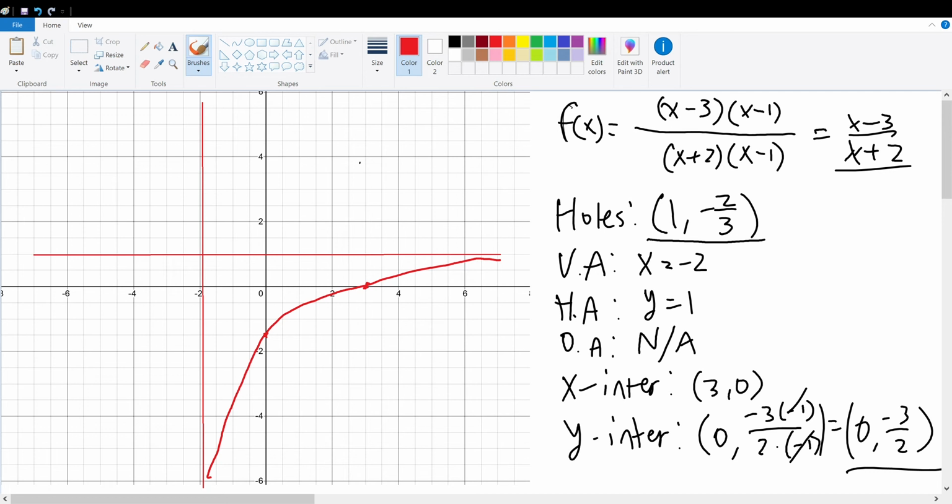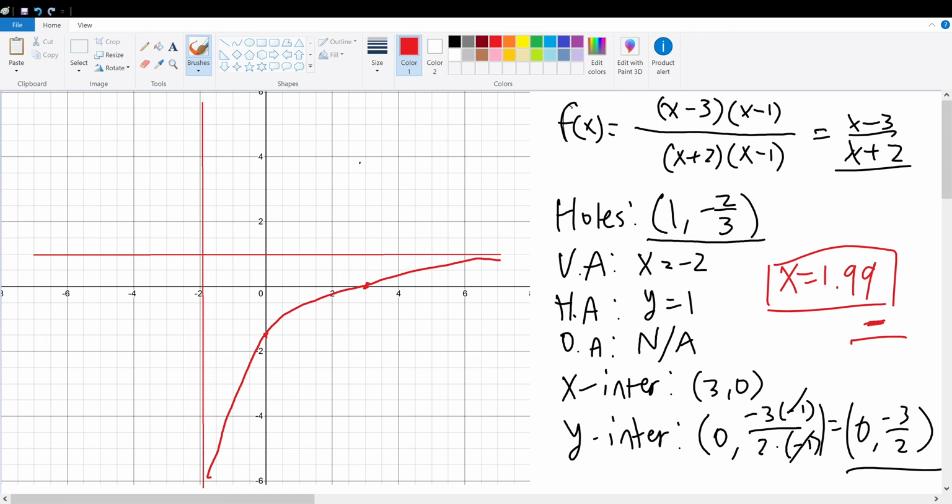We can be sure this is true by substituting certain variables for x to find out whether it goes to positive infinity or negative infinity. When x approaches negative 2 from the right hand side, say x is equal to negative 1.99, we can substitute that into our function. Negative 1.99 minus 3 will be a negative value times negative 1.99 minus 1, a negative value, resulting in an overall negative value in our numerator.